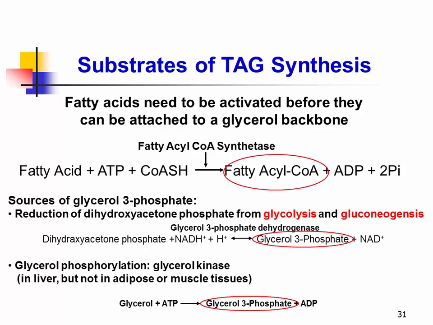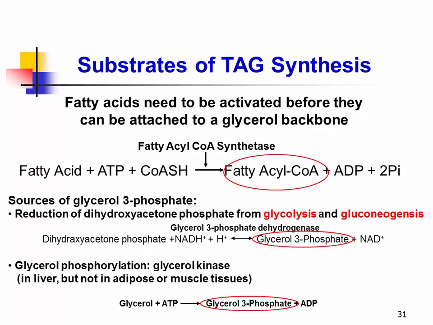And the second source of glycerol 3-phosphate is direct phosphorylation of glycerol. Glycerol can be directly phosphorylated to generate glycerol 3-phosphate. This reaction requires an enzyme called glycerol kinase, and glycerol kinase is only expressed in the liver.